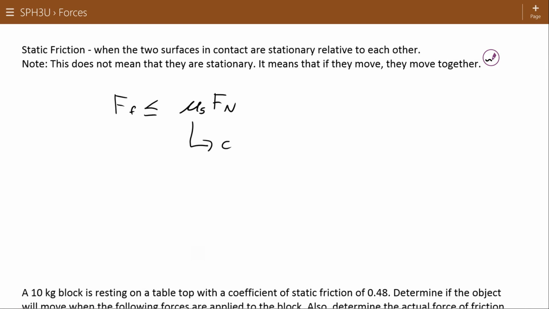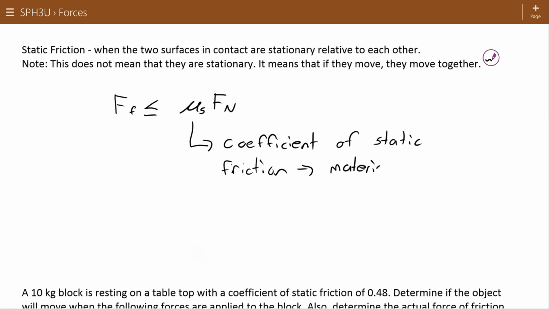This coefficient of friction, the S there meaning that it's a coefficient of static friction, is our way of taking into account everything that we can't think about that's too complex with regard to the materials involved. So this is a property of the materials. And Fn here refers to the normal force that we've been using throughout the unit.